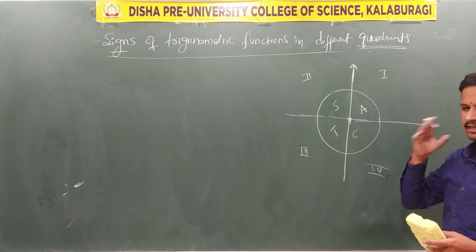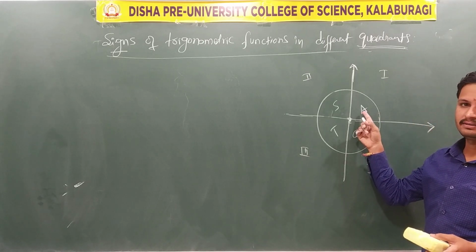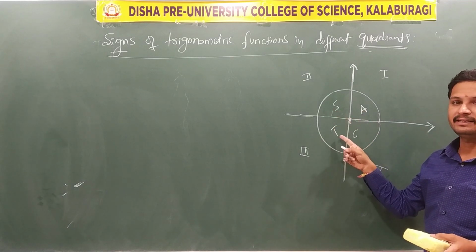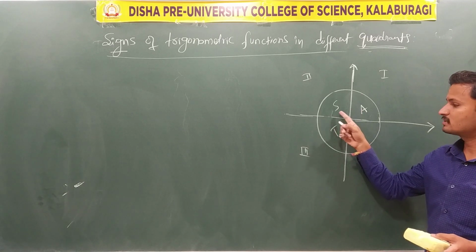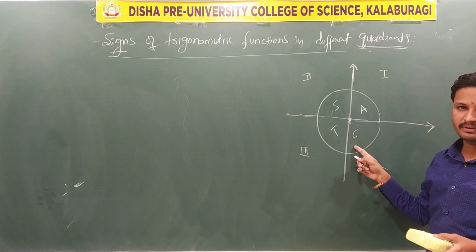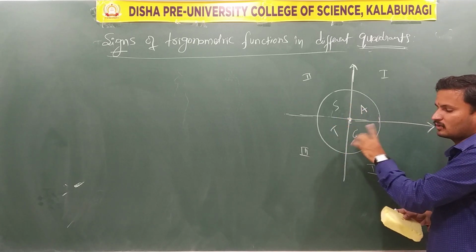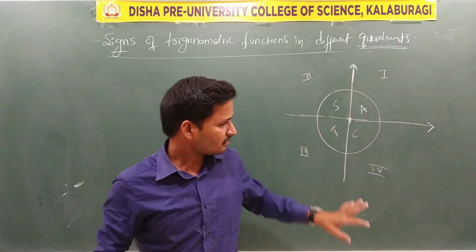To remember, A is all, S is student, T means tea, C means coffee. All students take coffee. Just to remember, that's it.